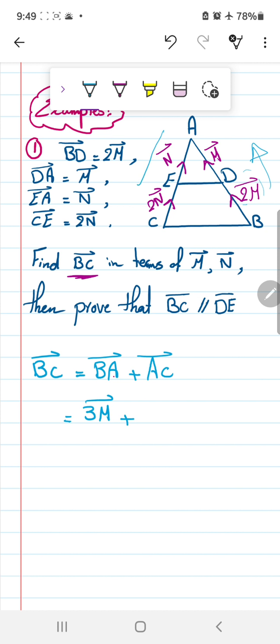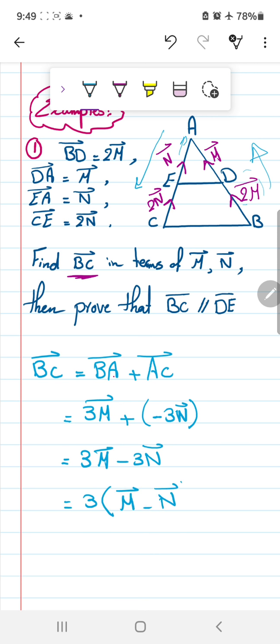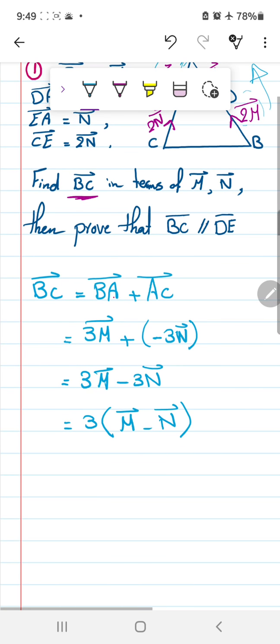AC, the direction will be here, and we have 2n and n in this direction, so it will be negative what? 3n. We write it again: it will be 3m vector minus 3n vector. Take 3 as a common factor, we get m vector minus n vector. Okay, so here we get BC in terms of m and n.